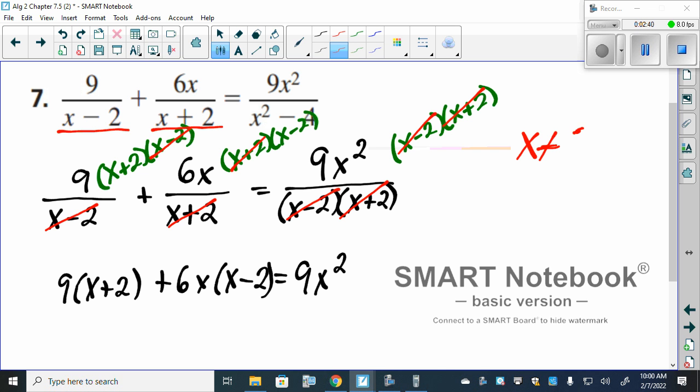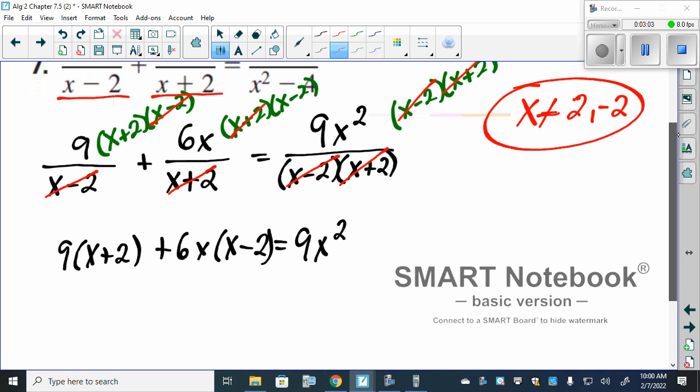So 2 and negative 2, because 2 minus 2 would give us 0, and negative 2 plus 2 would also give us 0. Really what we're doing is setting both of those equal to 0 and solving for the value of x.